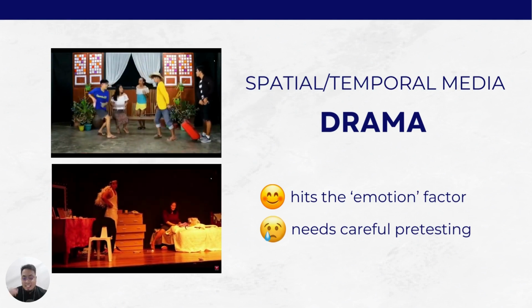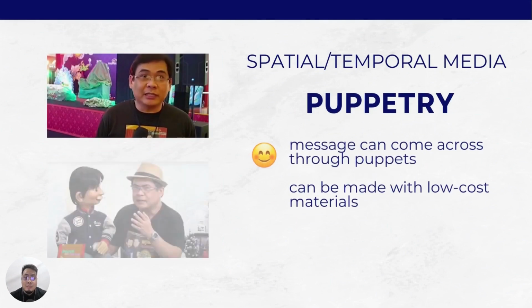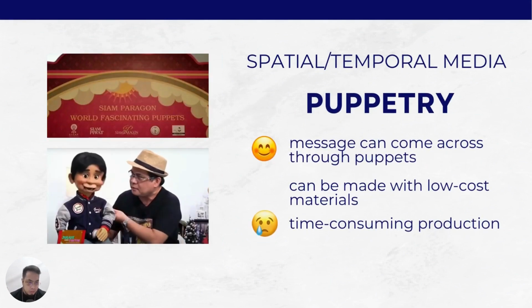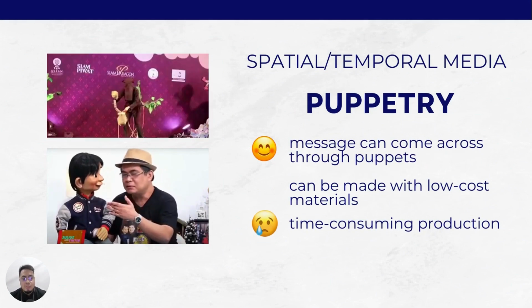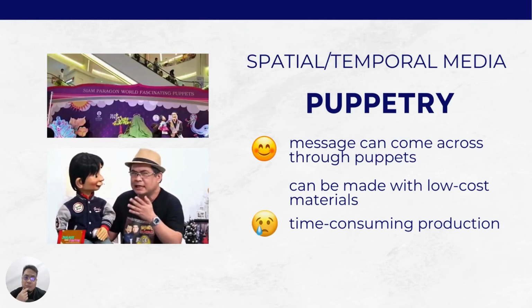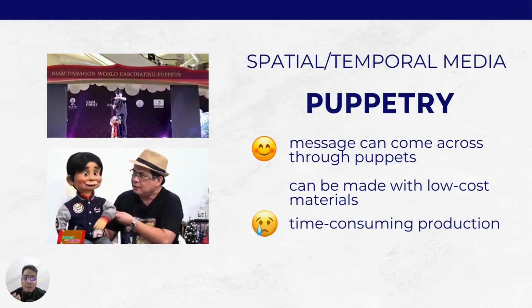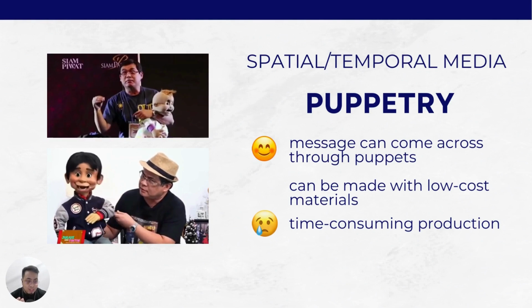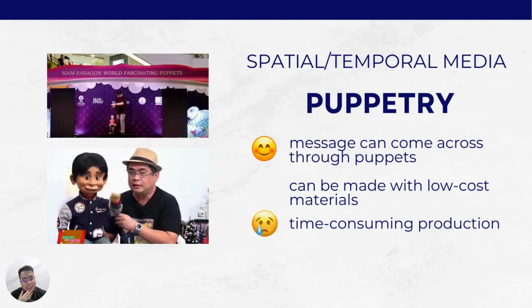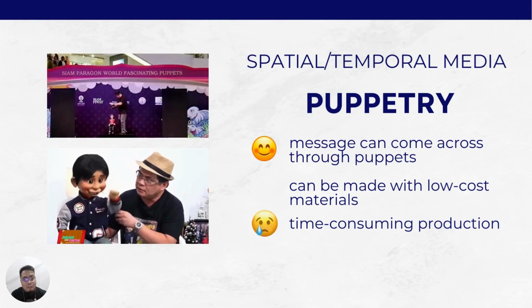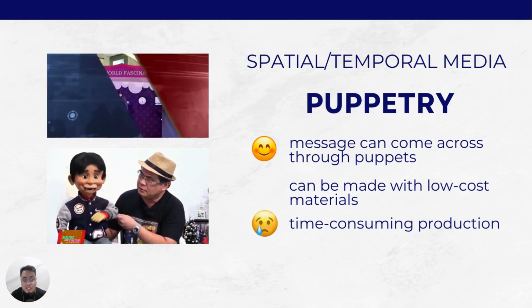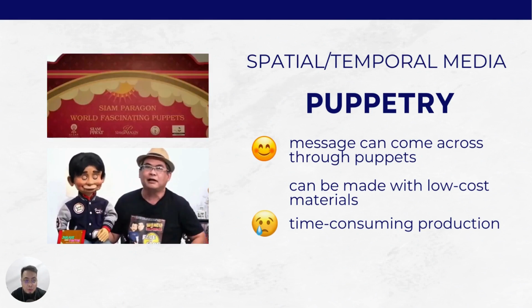All right. The other one, aside from drama, we also have puppetry, which is also relevant. In this, the best point in puppetry is that we can deliver a message through puppets. For example, we can present a different character. We can present a different personality in the form of a puppet.